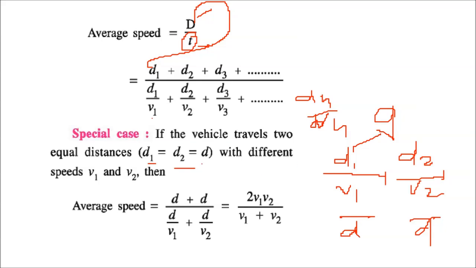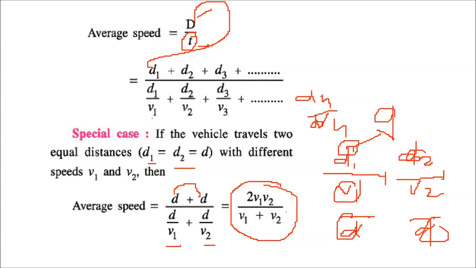What will be the average speed? Total distance is d plus d, that is 2d. And the average speed has t1 plus t2 in the denominator, and the times can be easily obtained as d by v1 and d by v2. So we add them, d will cancel out. It will be 2v1v2 by v1 plus v2. So average speed is totally dependent on the velocities.